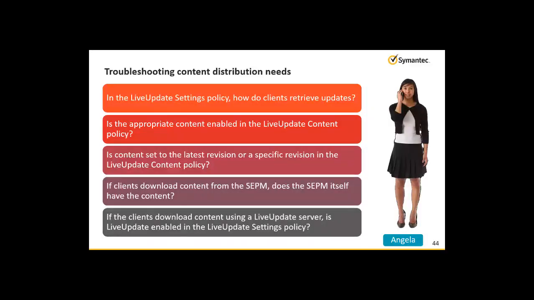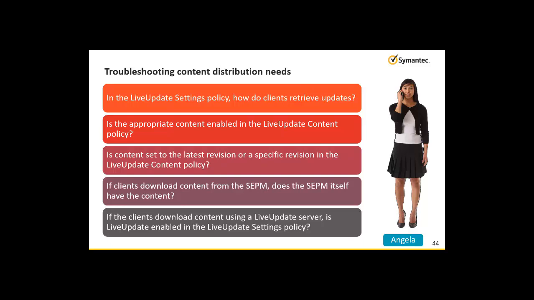If SoluCell is troubleshooting content distributions to the client, Angela can ask the following questions. In the live update settings policy, how do the clients retrieve updates? You can see the content update channels in the live update settings policy. Angela can see whether the policy is configured to distribute content to the SEPM, live update, or group update provider. Is the appropriate content enabled in the live update content policy?